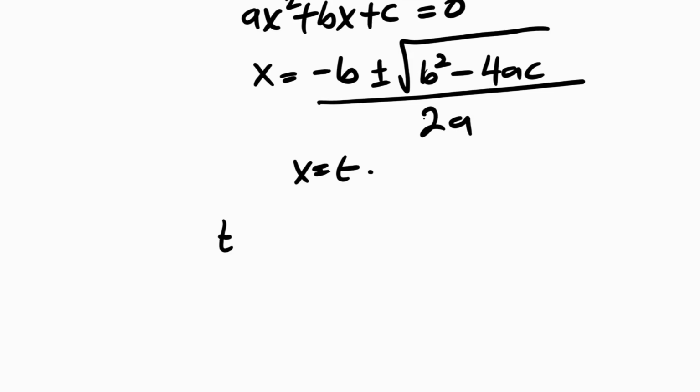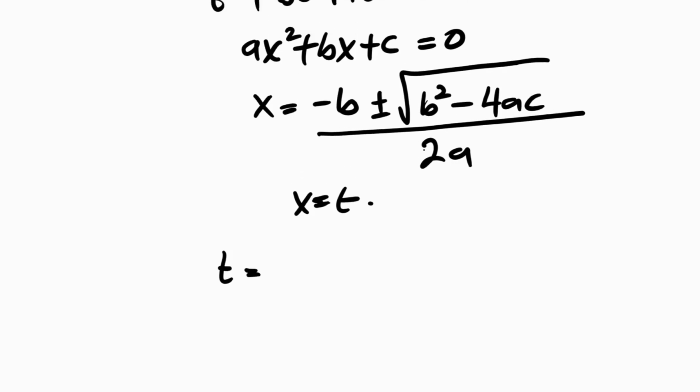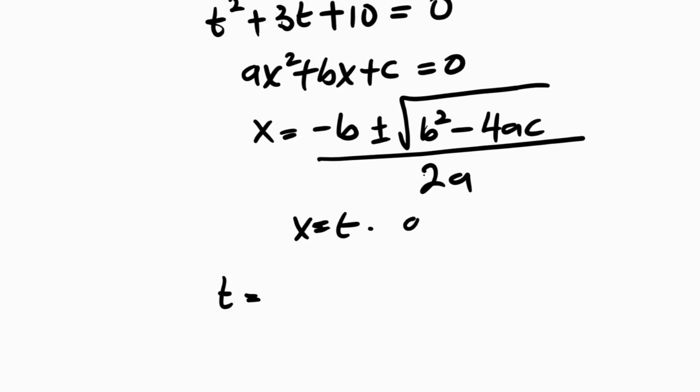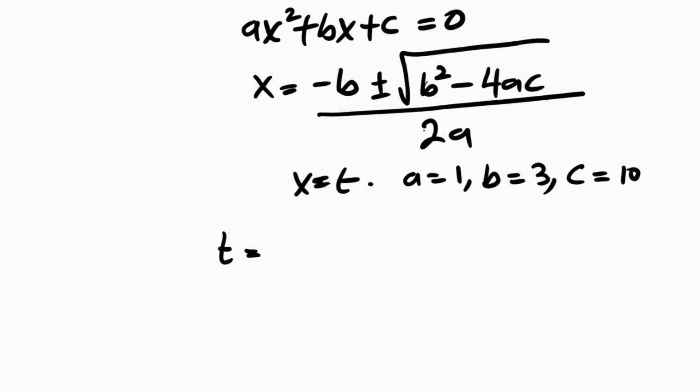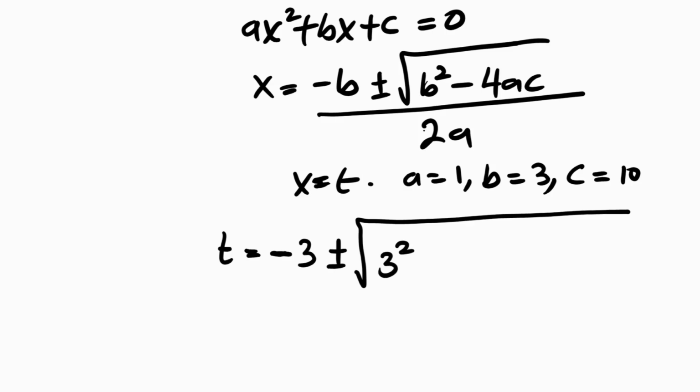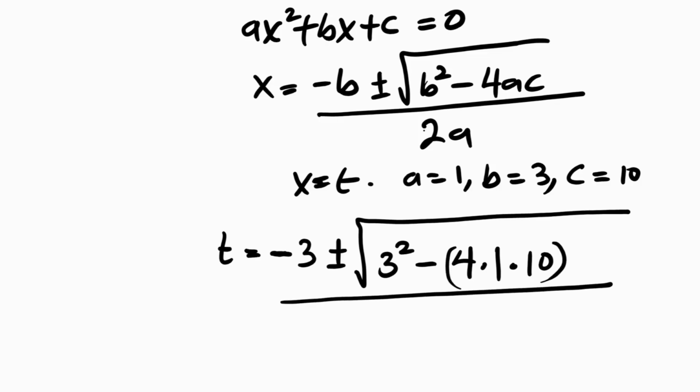So now we have t equals, our a is equal to 1, our b is 3, and our c is 10. So t equals minus 3 plus or minus the square root of b squared, 3 squared, minus 4ac, divided by, our a is 1, so 2 times 1.